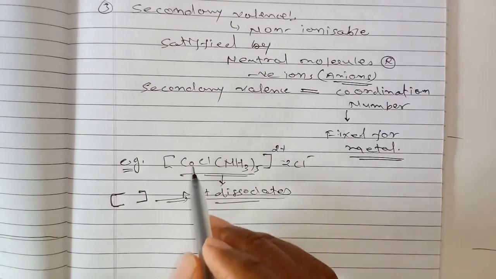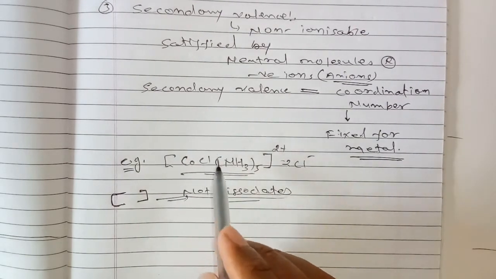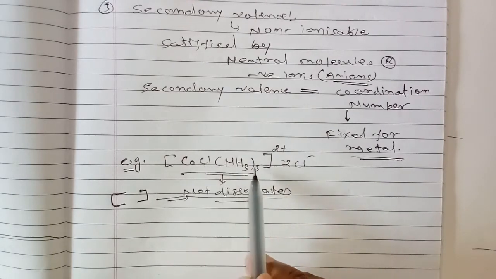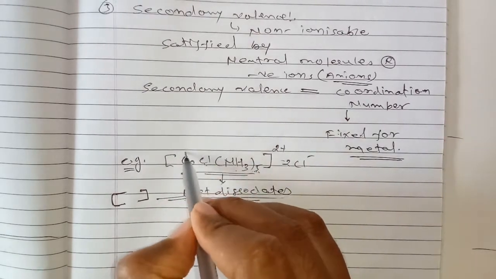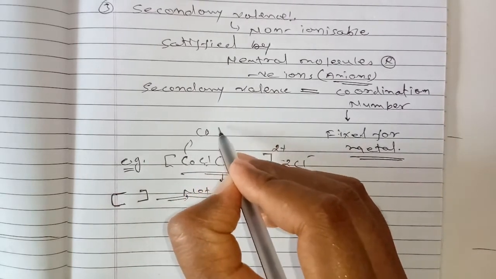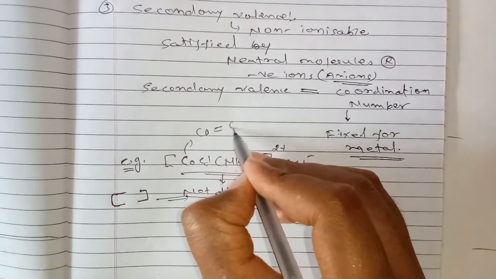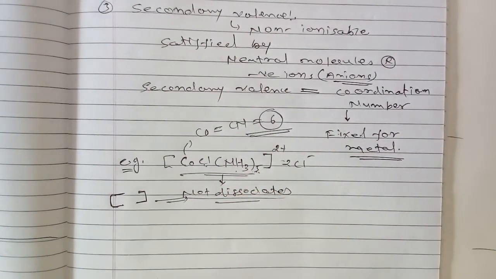And the second thing is, here the cobalt is bonded with chlorine and 5 molecules of ammonia, so 5 plus 1, that is a total of 6. So as per this, the coordination number for cobalt is 6.